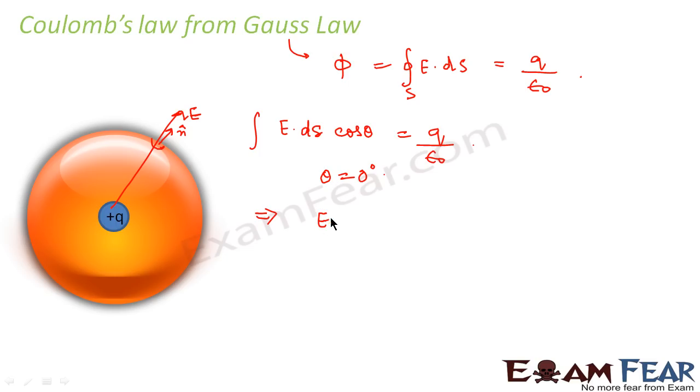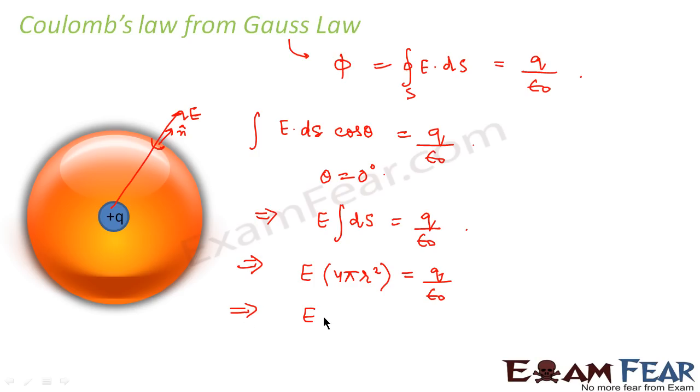So we can write this as E integration of ds is equal to Q by epsilon naught. Now this integral of ds is 4 pi r square, because 4 pi r square is the surface area of the sphere. So E times 4 pi r square is equal to Q by epsilon naught, or E is equal to Q divided by 4 pi epsilon naught r square.